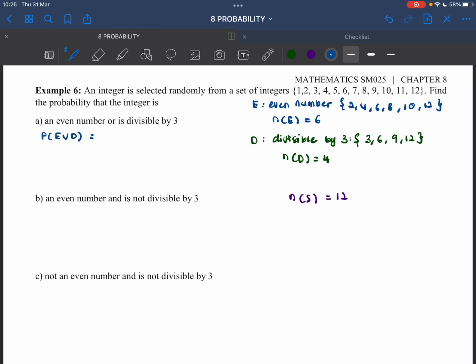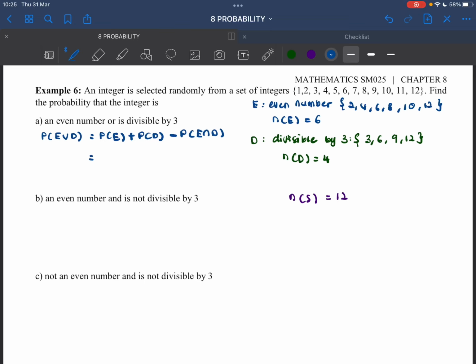So how we are going to do this is only by using the formula. Okay, formula only, because we don't have our Venn diagram, we don't have anything, we only have the numbers. So what you are going to do is just use the formula. That will be P(E) plus P(D) minus P(E intersect D). Okay, the first formula.